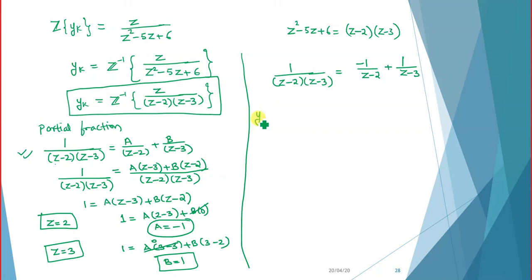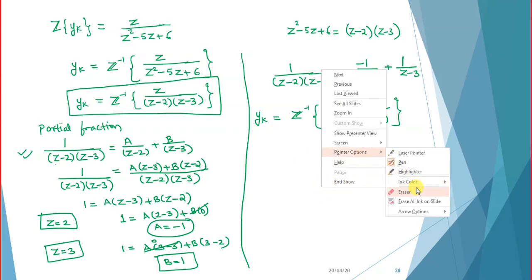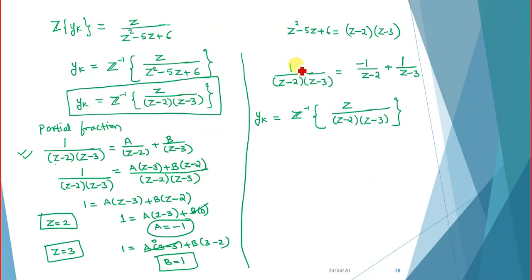So when we write y(k), which is inverse Z transform of z over (z minus 2)(z minus 3), we have to multiply both sides with z. So this is same as inverse Z transform of minus z over z minus 2 plus inverse Z transform of z over z minus 3.